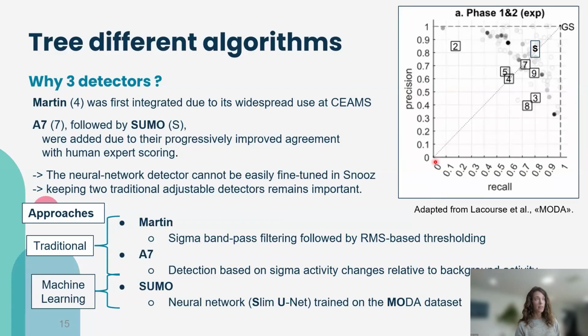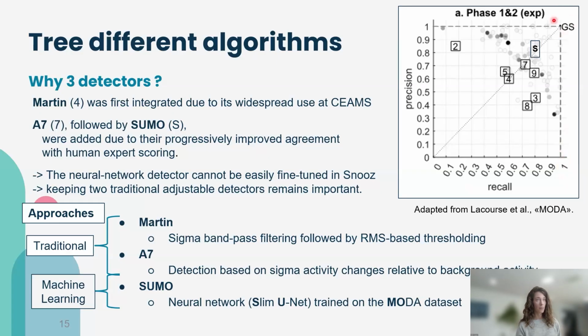We can see the precision on the y-axis. A value close to 1 means that detections are true spindles according to the gold standard. Recall is shown on the x-axis. A value of 1 means that all spindles from the gold standard were successfully detected.